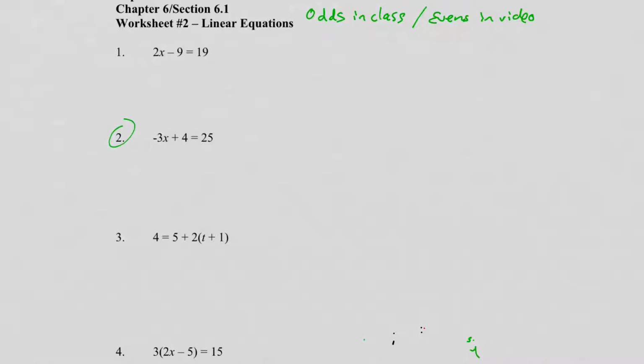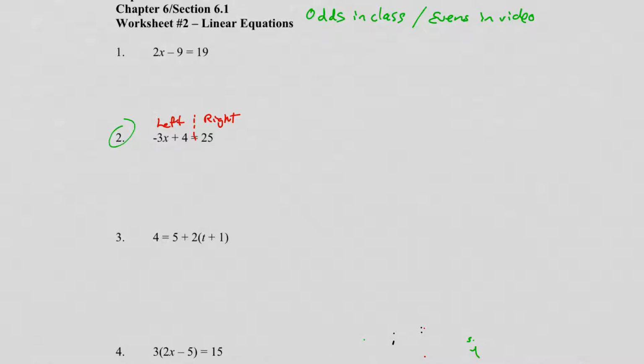So here, there's nothing to simplify, all right? Everything is pretty much compact on the left side and the right side. What I mean by left side, I mean here's the left side of the equal sign, and here's the right side. So everything is simplified. So all we just need to do is isolate the x, okay?